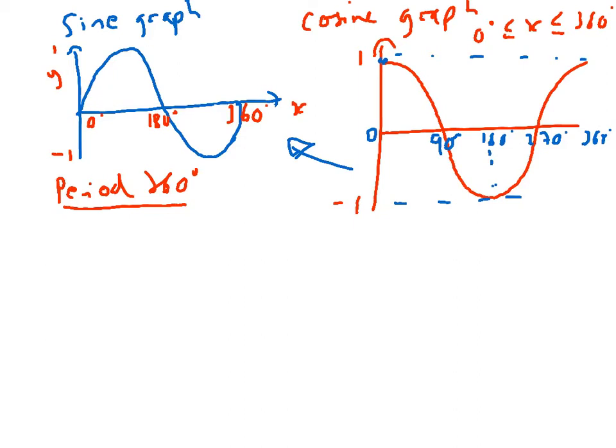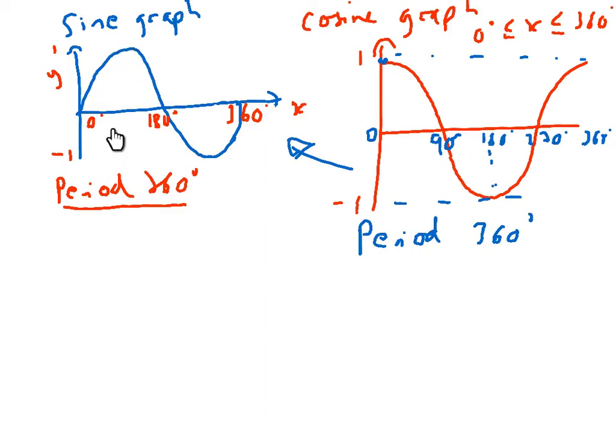I hope you can. The similarity is that for starters, the cosine graph also has period 360 degrees. Additionally, you can see that actually the cosine graph is just the sine graph but moved to the left.